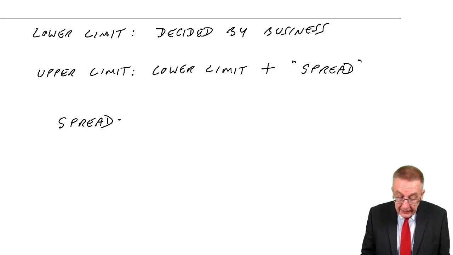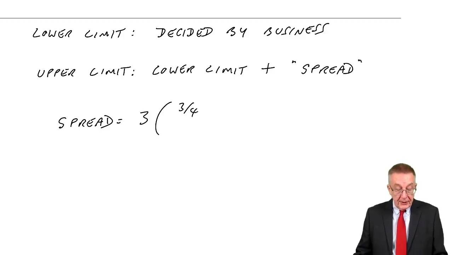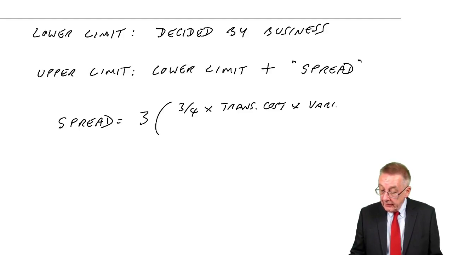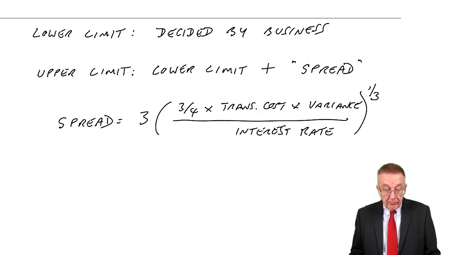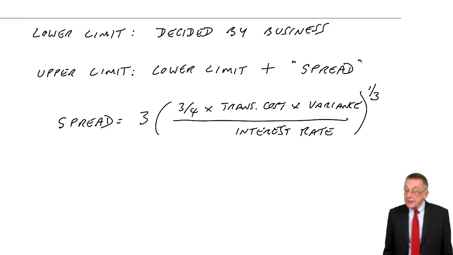The spread is this formula: 3 times 3/4 times transaction cost times variance of cash flows divided by the interest rate, to the power 1/3. Now, I'll explain what each of those terms means in a moment.